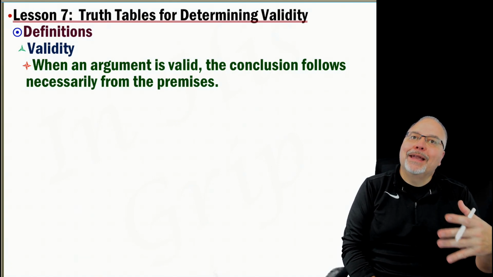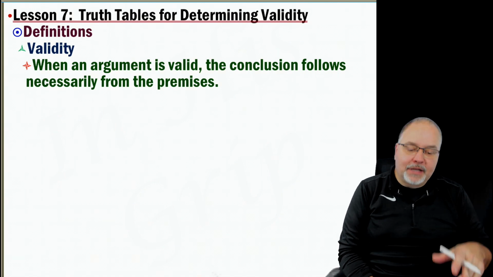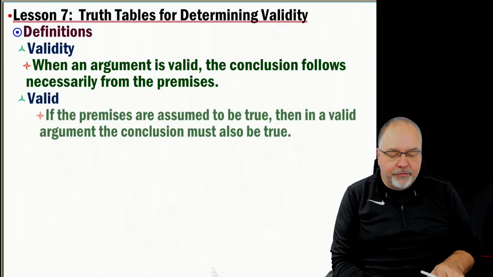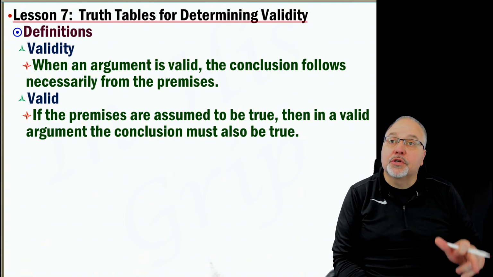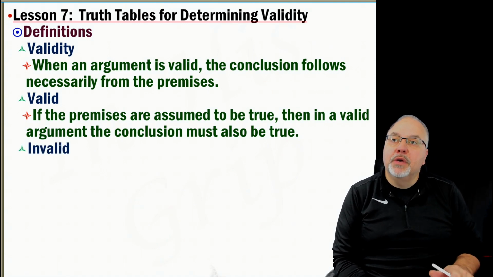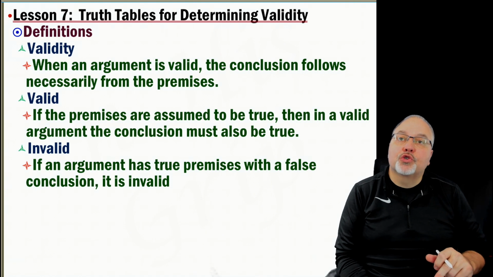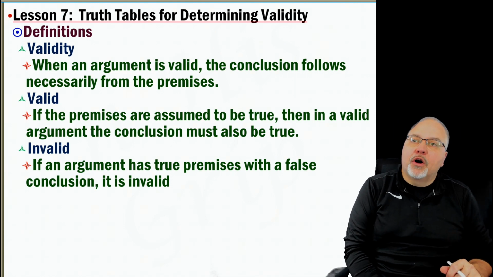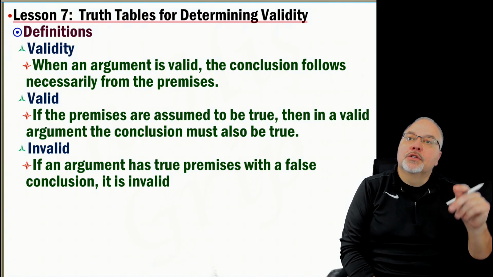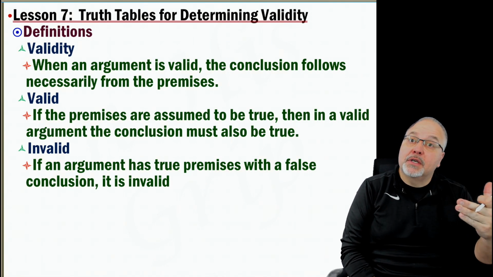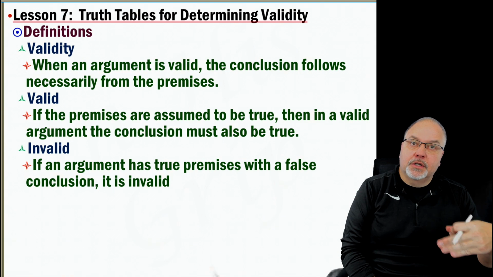That's the definition. If the premises are assumed to be true, then in a valid argument, the conclusion must also be true. Invalid. If an argument has true premises with a false conclusion, it is invalid. So if you have true premises with a false conclusion, it's invalid.